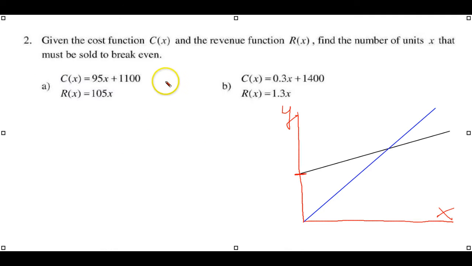I think I have a worksheet that I'm going to give you for some of these. To give a little background on what's going on here, we're looking at cost function and revenue function.